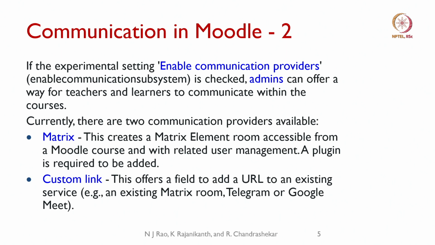Two among the many are Matrix and Custom link. These two are plugin modules which will be available, but by default they will not be enabled in the Moodle setting. So the admin has to enable that, then only will the teacher get that option to add into their course.